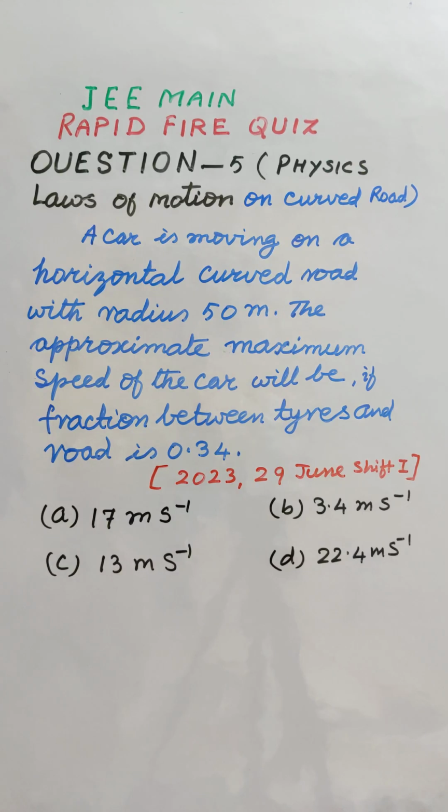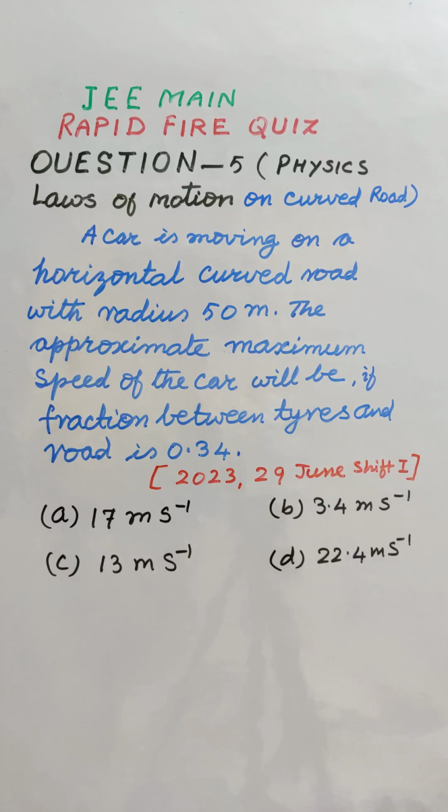The approximate maximum speed of the car will be, if friction between tire and road is 0.34, and the radius of curvature is 50 meter. This was part of 2023, 29 June shift 1. Options are A 17 meter per second, B 3.4 meter per second, C 13 meter per second, D 22.4 meter per second.